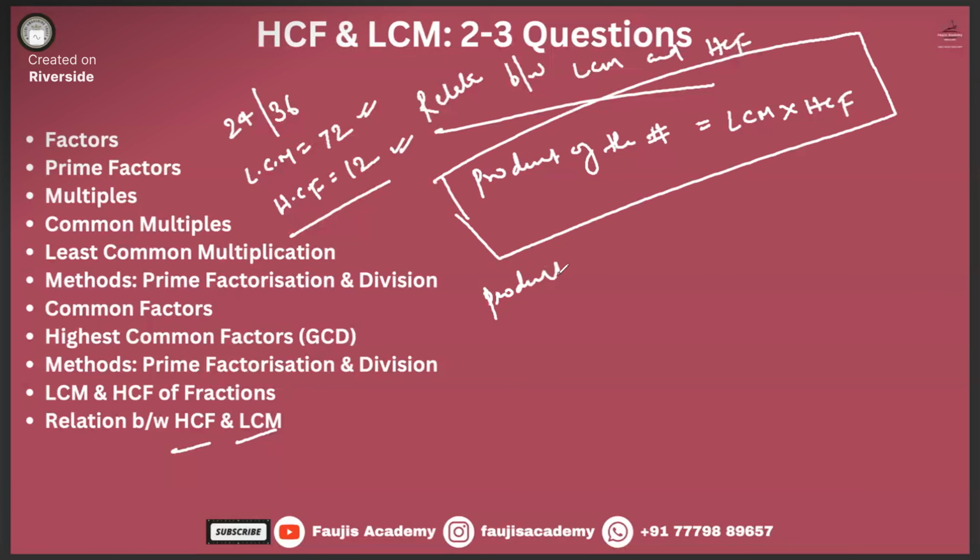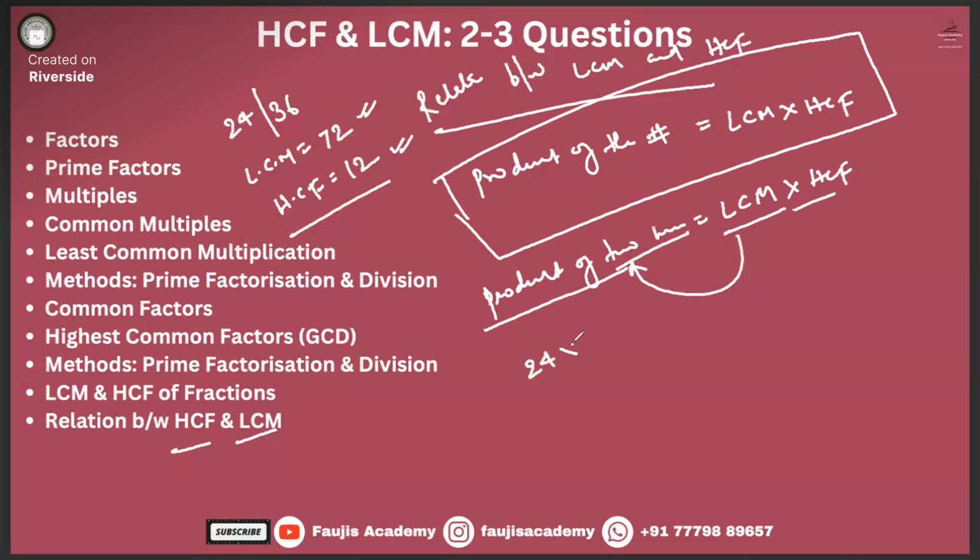Product of two numbers is equal to the LCM and HCF of those numbers. Obviously, the LCM and HCF of these two numbers which we are talking about and not any other random numbers. Okay, so what do you mean by product of those two numbers? 24 into 36, which is equal to your LCM, 72, and HCF, 12.